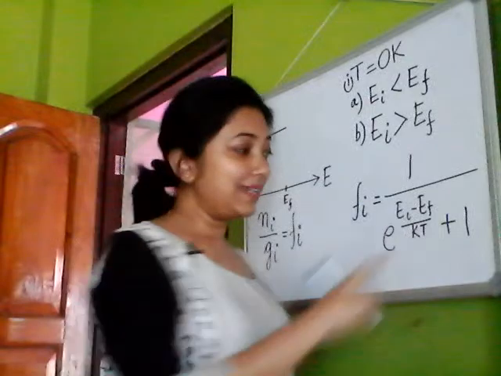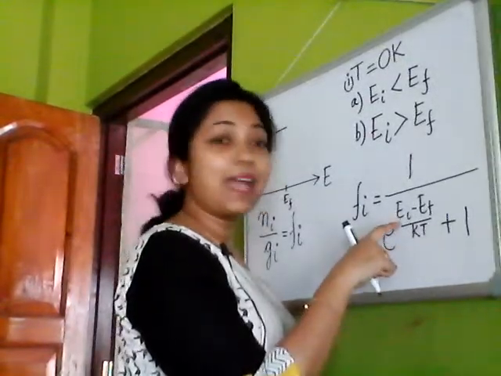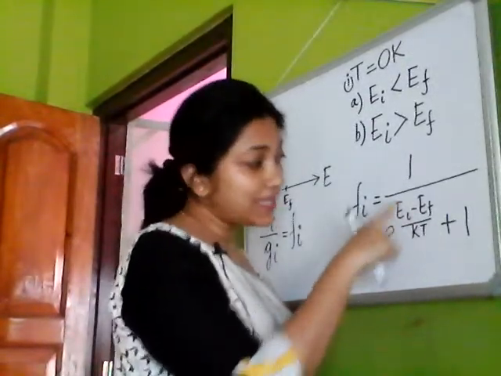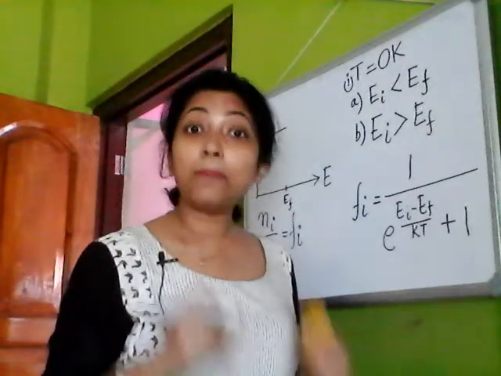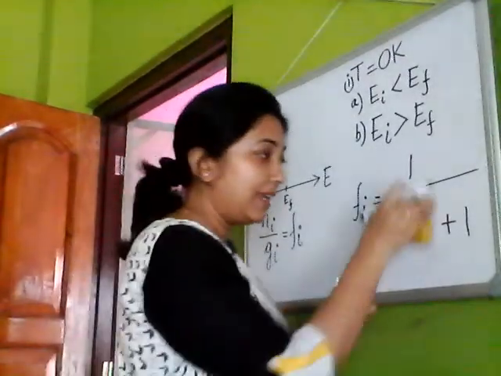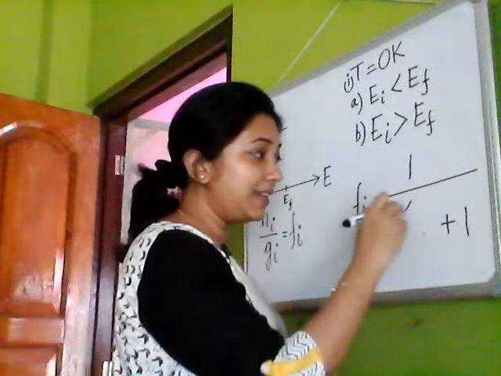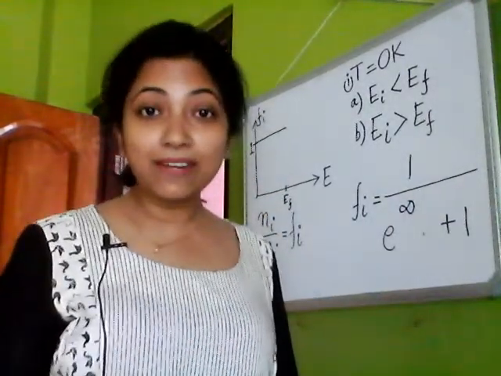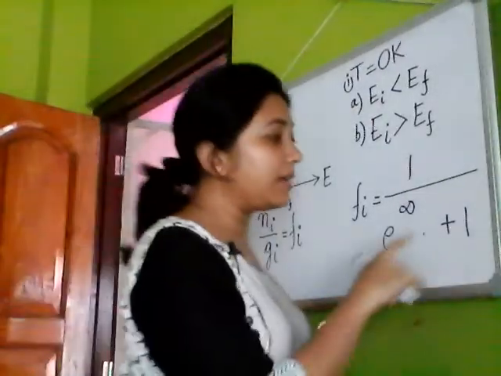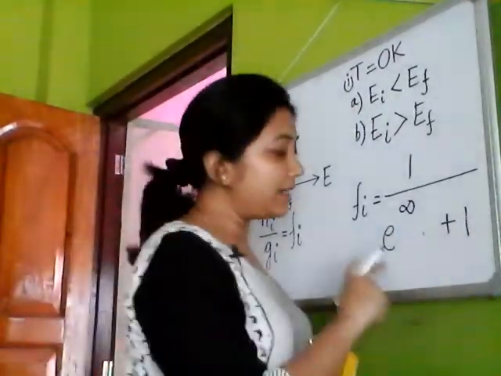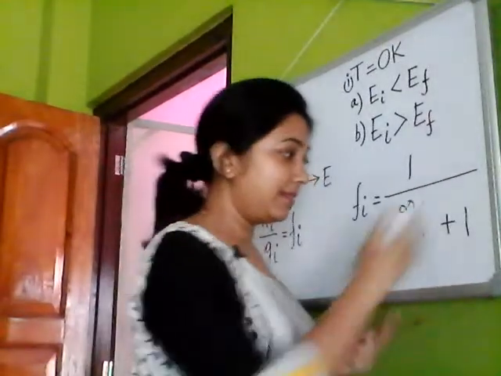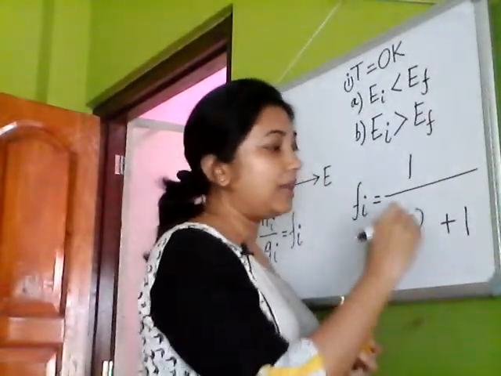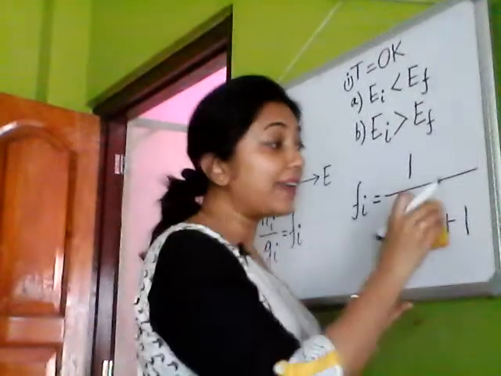Once again, T is equal to 0, but now EI is greater than EF. So this power is positive infinity, e to the power infinity. Right? Now, obviously, you will all agree with me when I say that e to the power infinity plus 1, e to the power infinity is infinity, and infinity plus 1 is obviously again infinite.